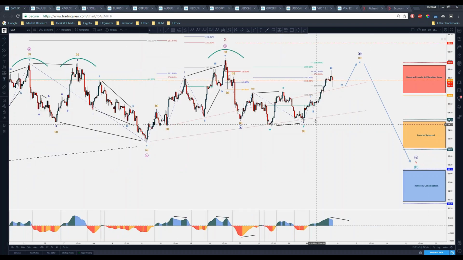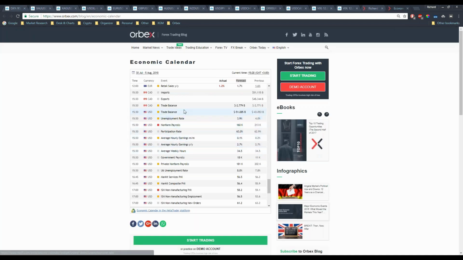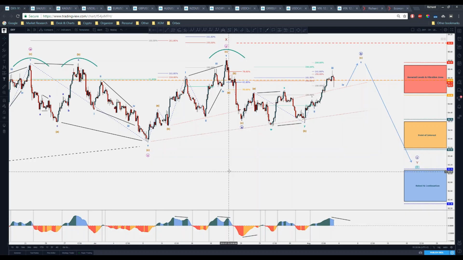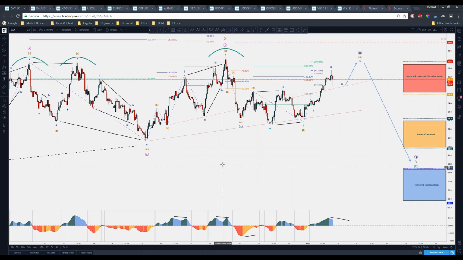So for us to see that, right? Now, we're not going to take a look at the economic calendar right there, and we're going to basically witness the actual results. So let's just jump on the dollar index there on the 2-hour time frame.